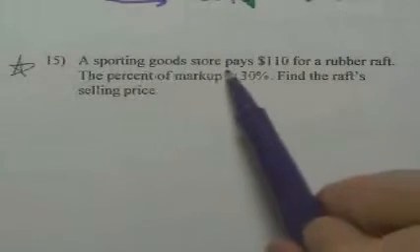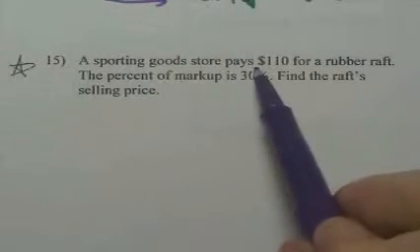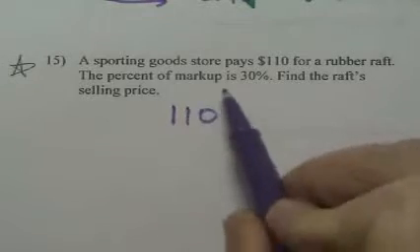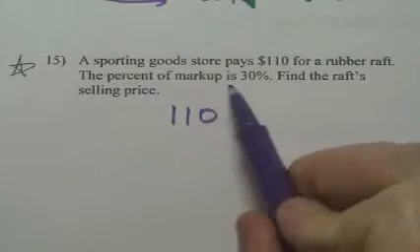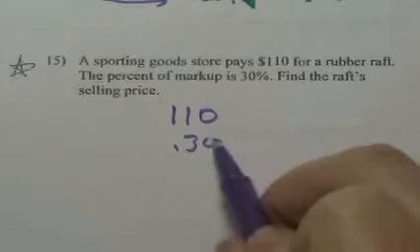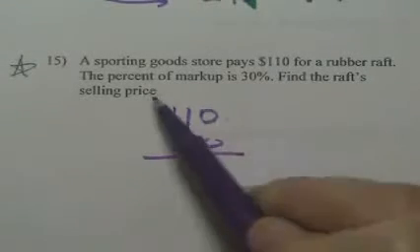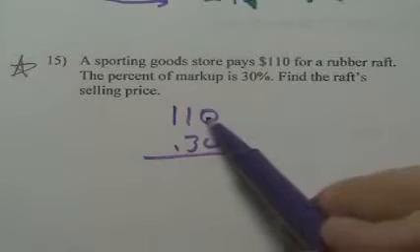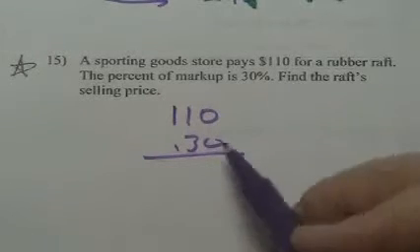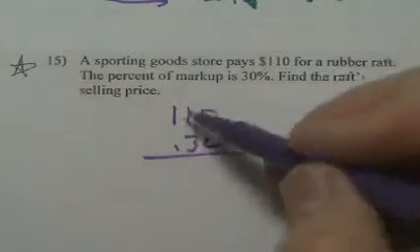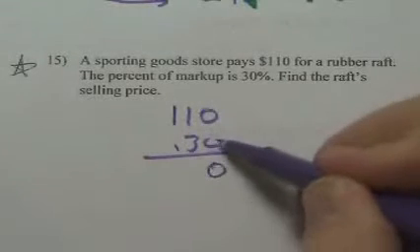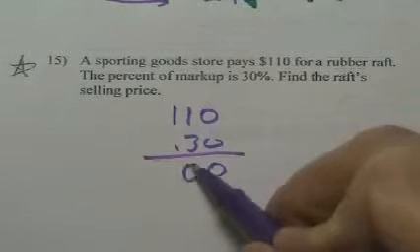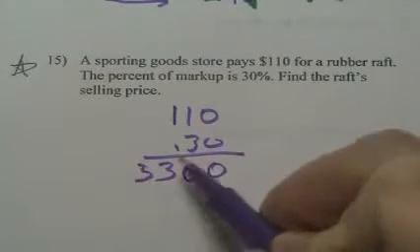Number 15, sporting goods store pays $110 for a rubber raft. And find the percent markup is 30%. Find the raft's selling price. Well, let's first find the markup, then we'll add it to the original price. So 30% of 100. Remember the shortcut method I told you? Just put 0 for the space holder, and then start multiplying by 3 here. 3 times 0, 3 times 1.